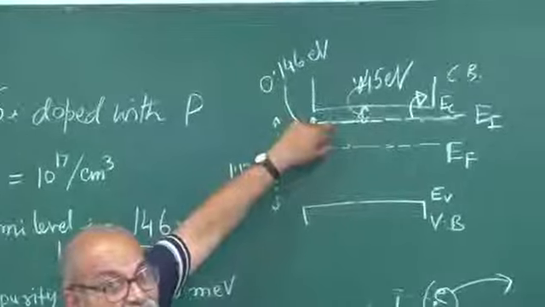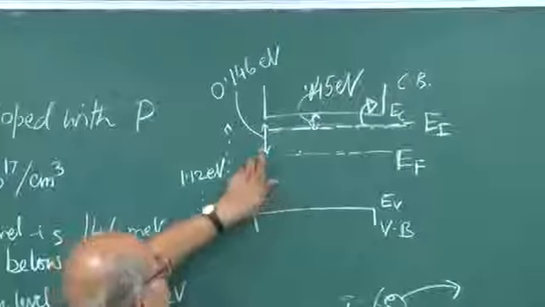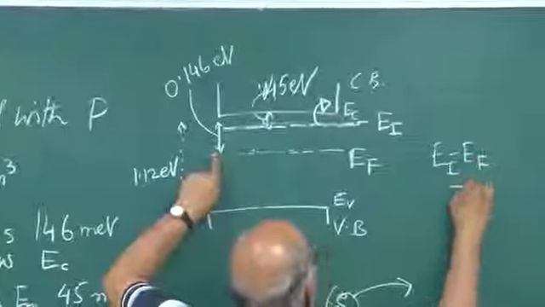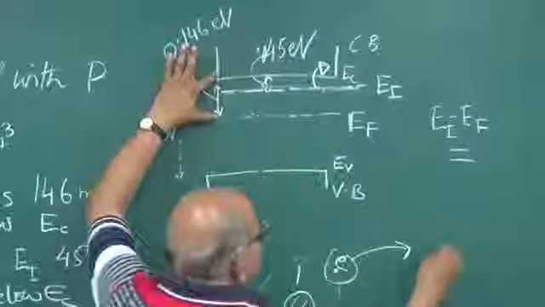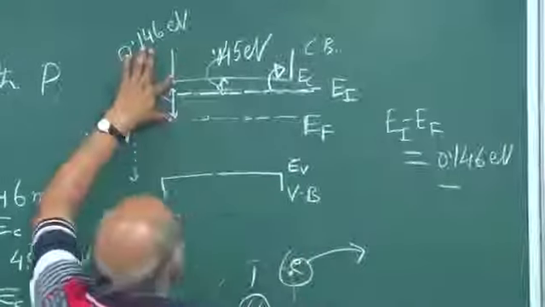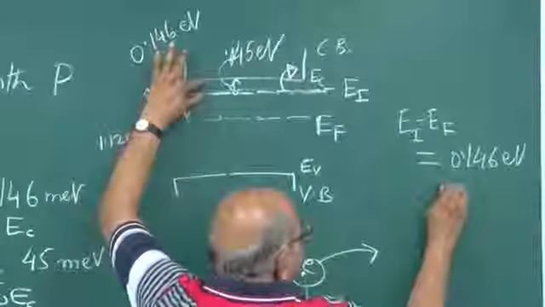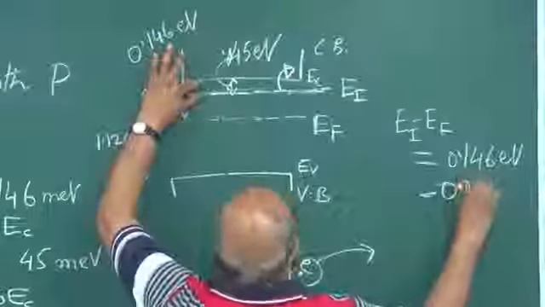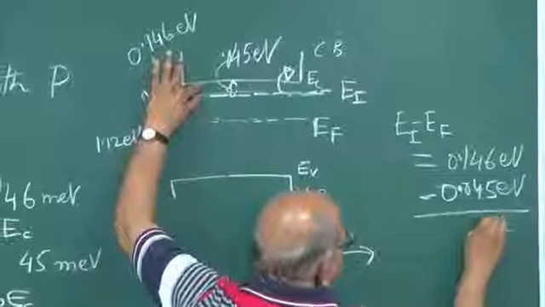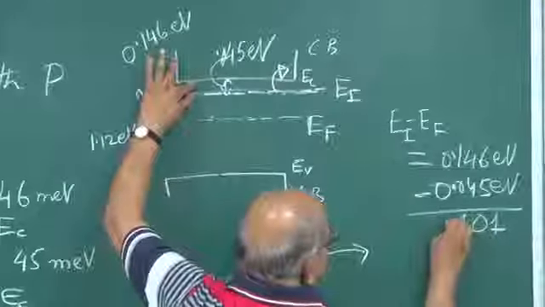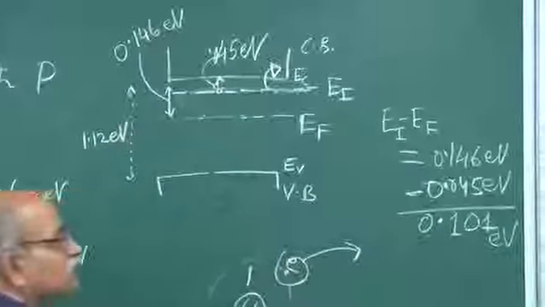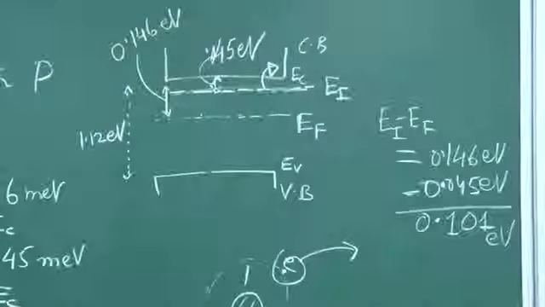So what is EI minus EF? EI minus EF will be 0.146 eV minus 0.045 eV, and that will be 0.101 eV or 101 millielectron volts.